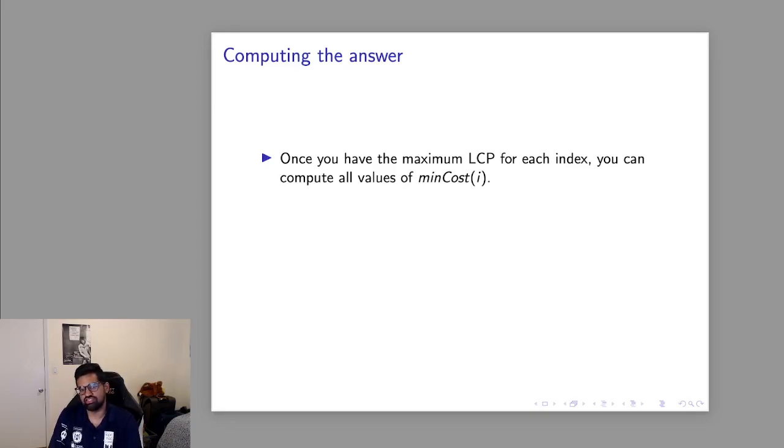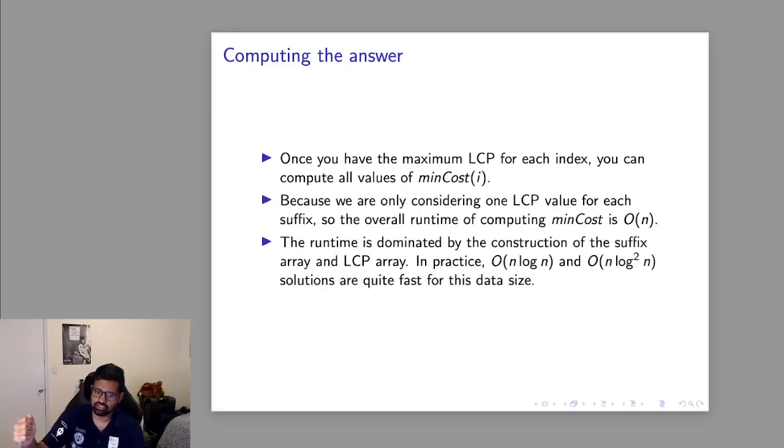You just have two transitions from each index. You either advance by one character or you use this longest substring. So the runtime for computing the dynamic programming is linear, and then the overall runtime is completely dominated by the construction of the suffix array and the LCP array.